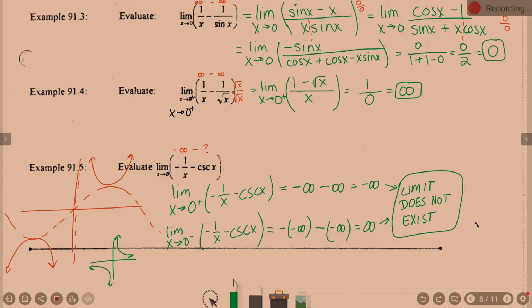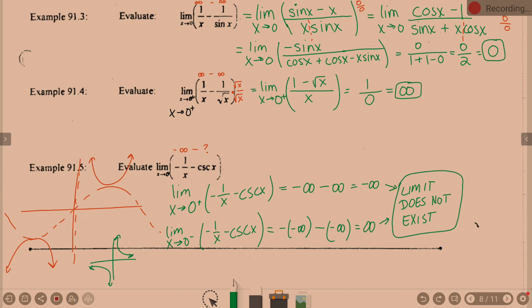And the actual graph ends up being alternating parabolas. On one side you have one going up, on the other side you have one going down. So that visualizes it there.